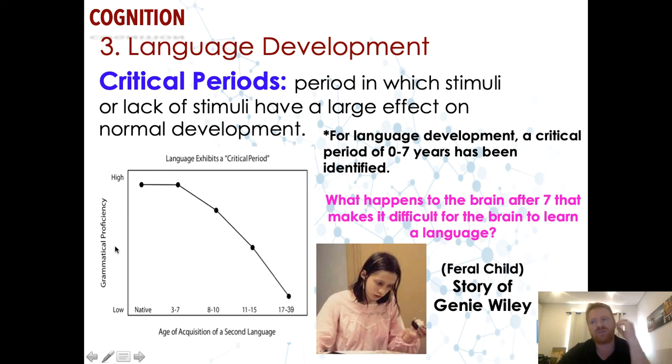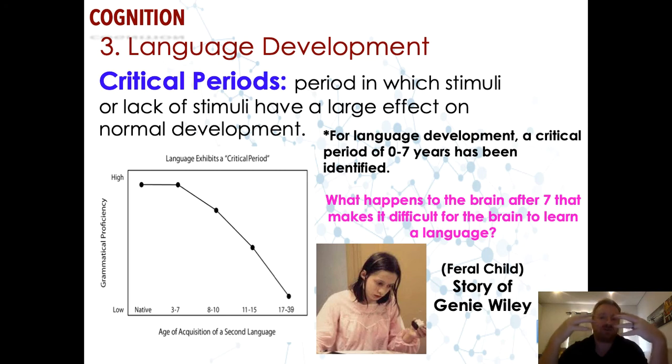The idea of a critical period is that your brain is born, like we said with Noam Chomsky's idea, with this language acquisition device. So we're not sure how it works, but we just know that when you're born, you've got lots of connections in your brain ready to go. And the environment that you're in allows for those connections to be strengthened. So if you have a connection for language, and then you learn a language, those connections are made stronger and stronger and stronger, right?